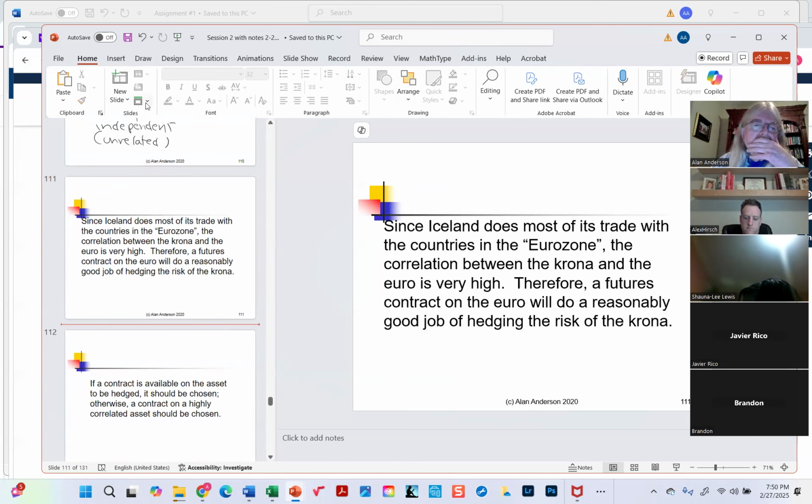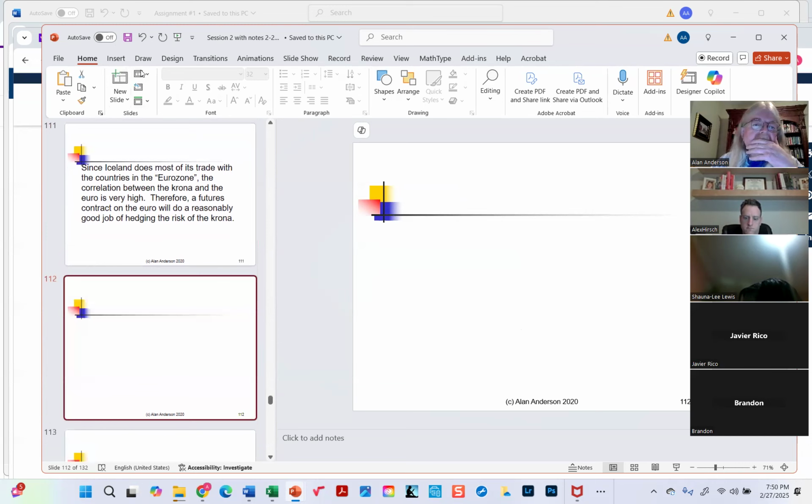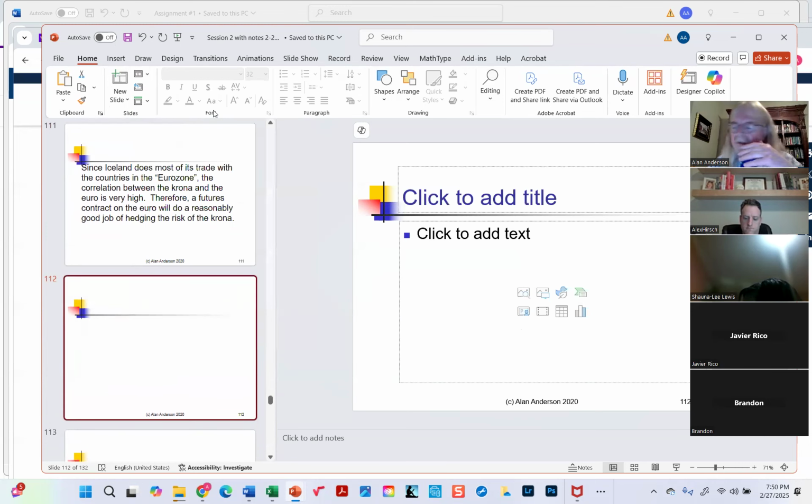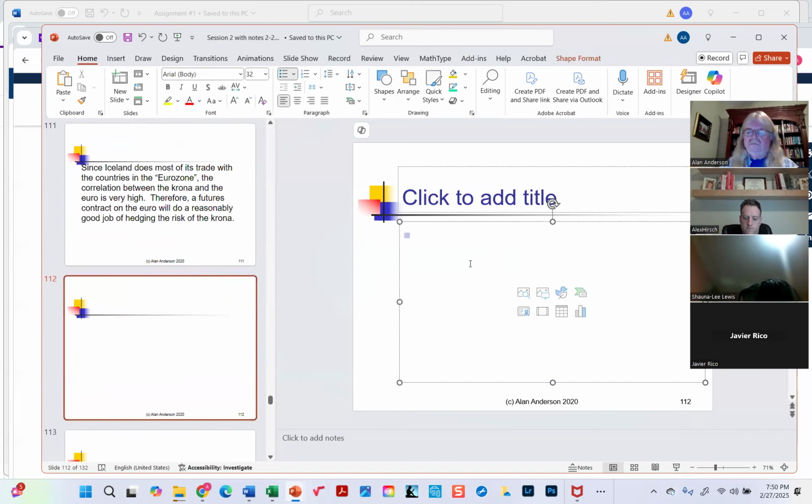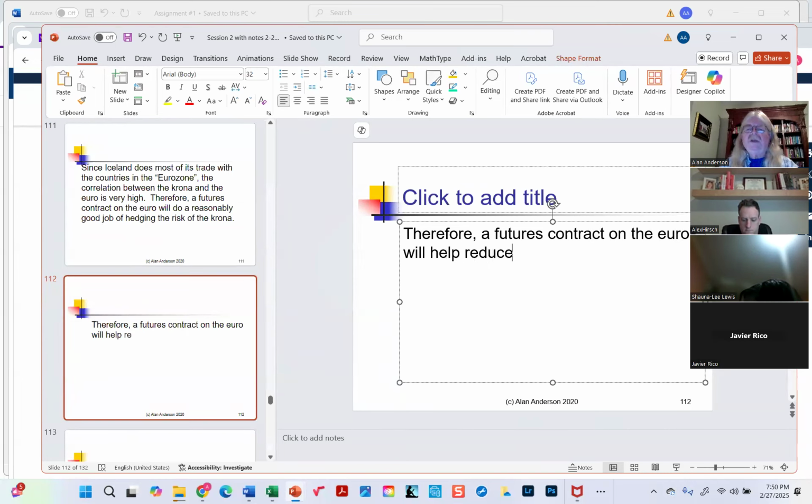So therefore, a futures contract on the euro will help reduce or eliminate the risk of a fluctuating Icelandic krona.